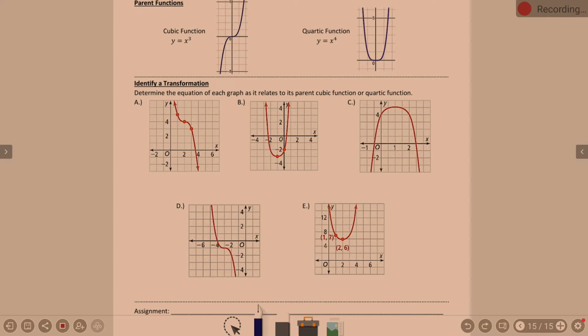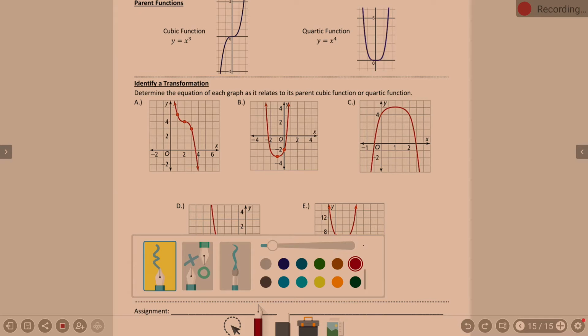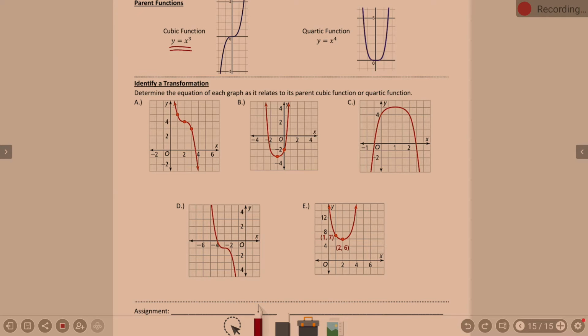Now, reminder, we have two parent functions here, one of which is y equals x cubed. I pointed these out on Friday. Y equals x cubed is this curve. Notice it's centered at (0, 0), and a typical x cubed also goes through (1, 1) and (-1, -1).